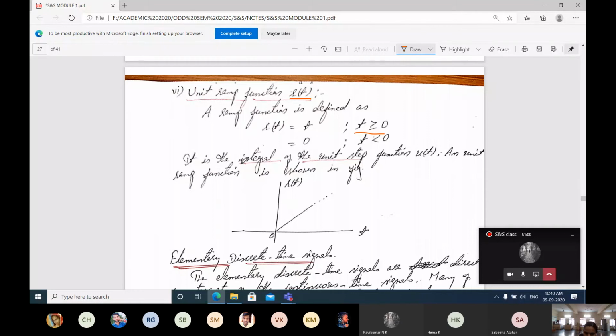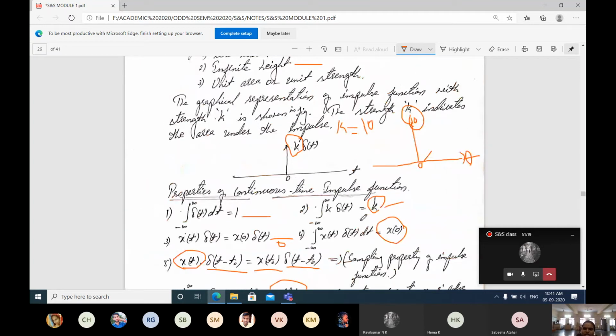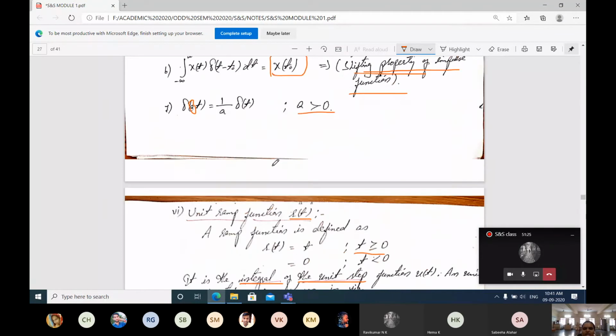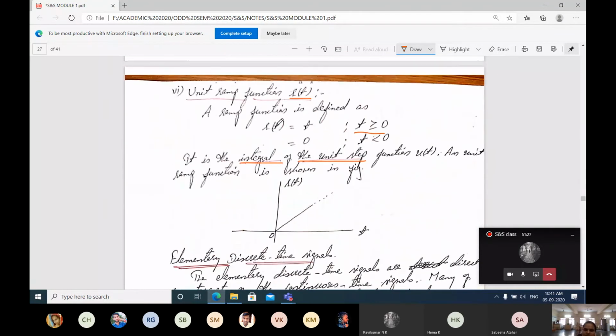Again here, observe that this ramp function is the integral of the unit step function. Understand? The unit ramp function is the integration of the unit step function. The impulse function is the differentiation of the unit step, and the integration of the unit step is the ramp function.